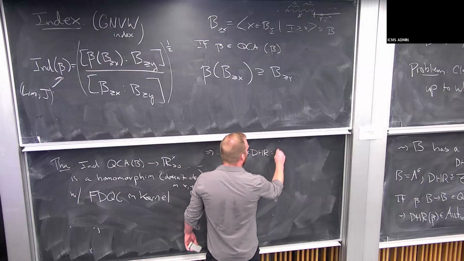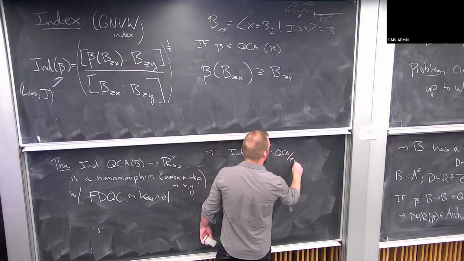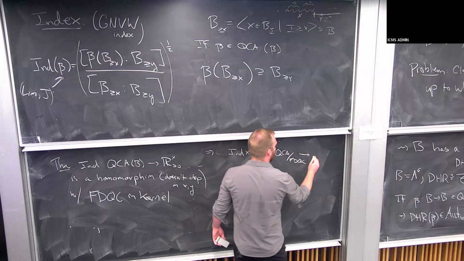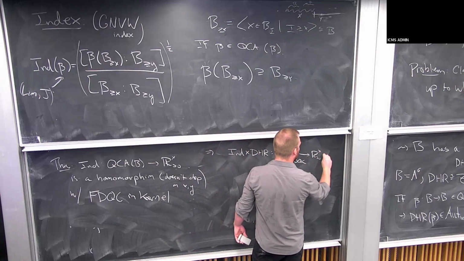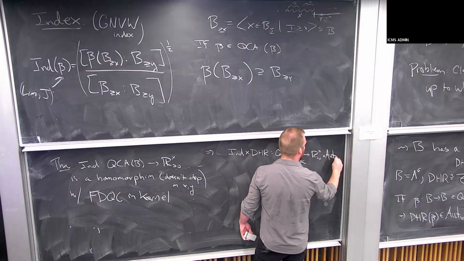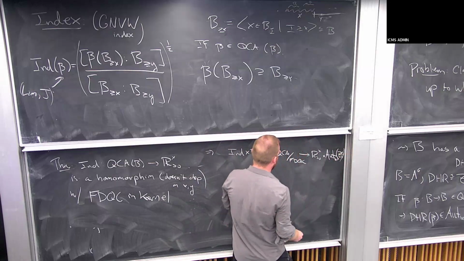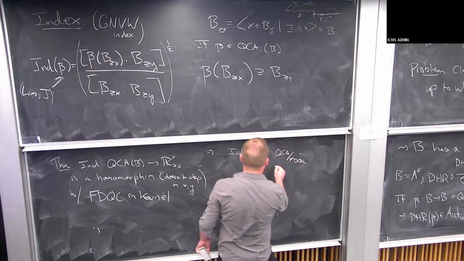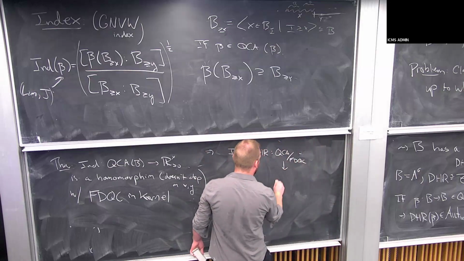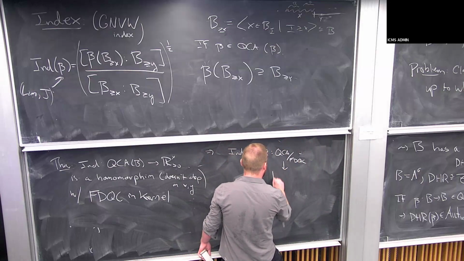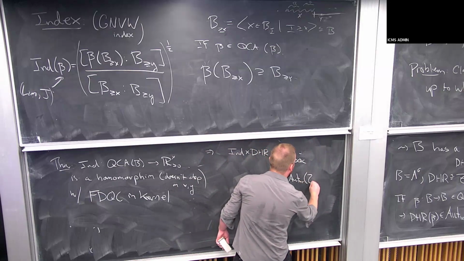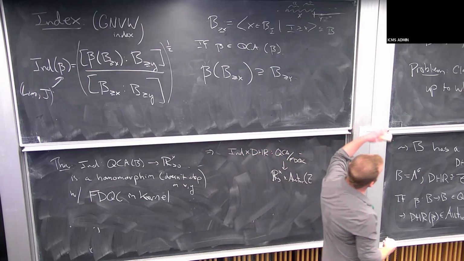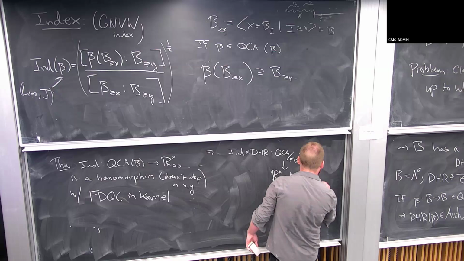But this goes from QCA mod finite depth quantum circuits to R greater than 0 cross braided autoequivalences of the center. And I'll just say in the group case, because that's how I set everything up, it's the center Z of Rep G.